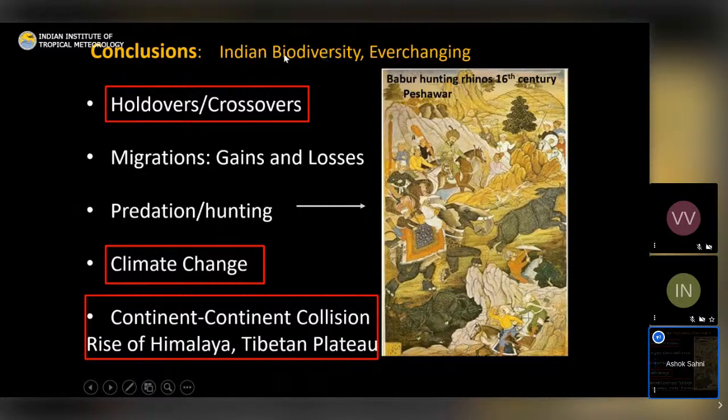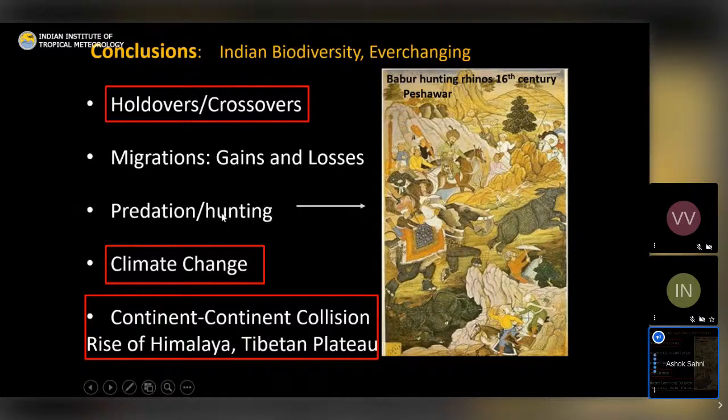So biodiversity is basically built up by holdovers and crossovers. We had a number of plants and animals that lived in Madagascar that are found in India. There were some migrations. We got a number of forms into India. We lost some that migrated out of India.